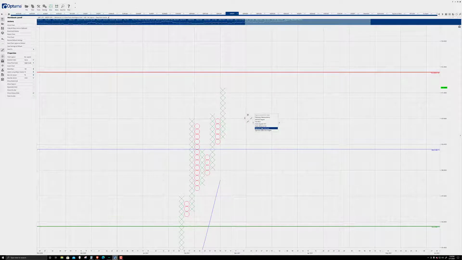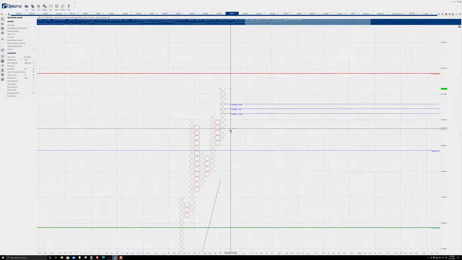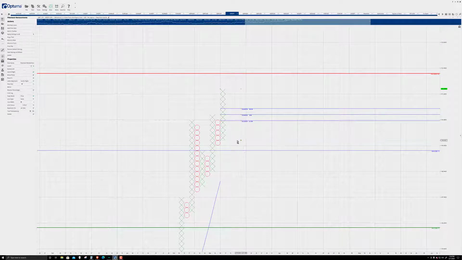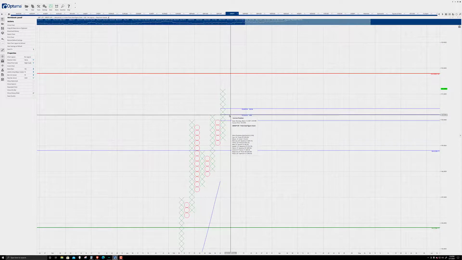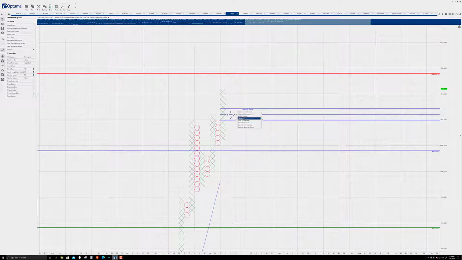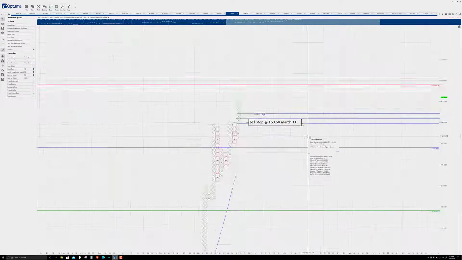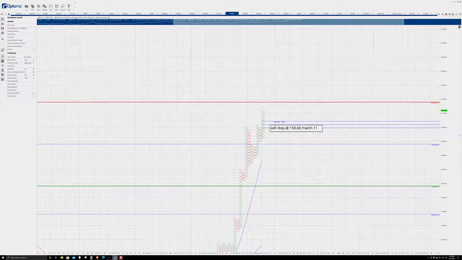And that means our fib retracement is going to be at 150.6. That would be our short entry on the 20 pip 3-box reversal chart.